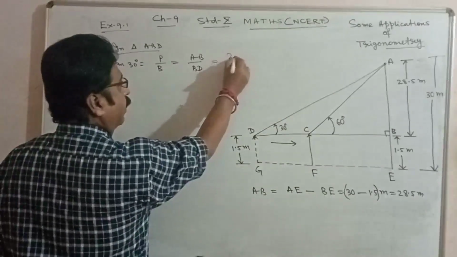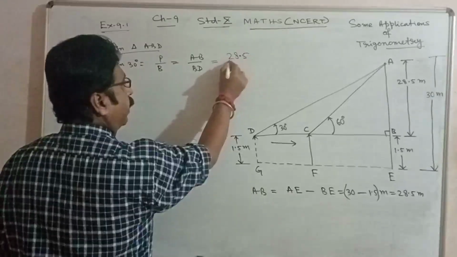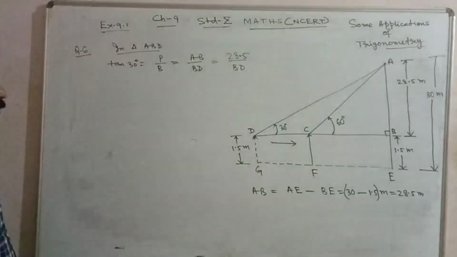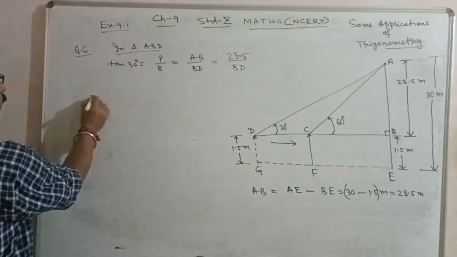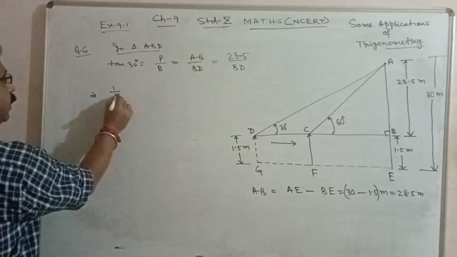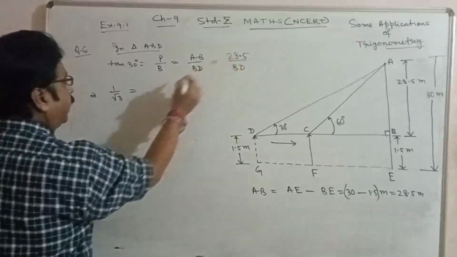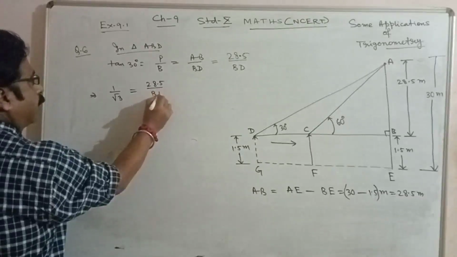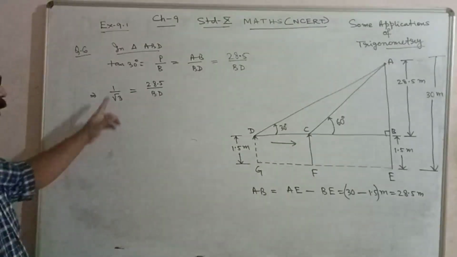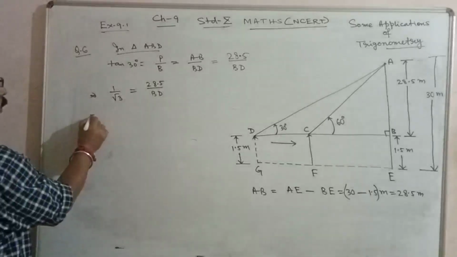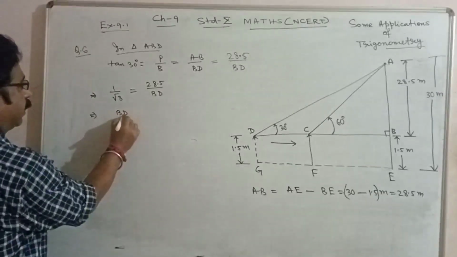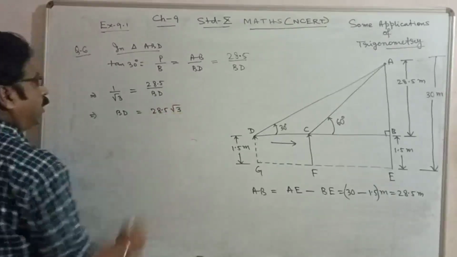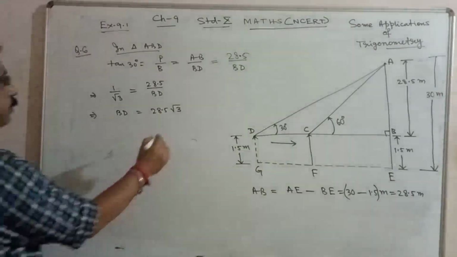AB means 28.5, BD is unknown yet. Tan 30 means 1 upon root 3 equals 28.5 upon BD. Cross multiplication, it will be BD equals 28.5 root 3 meter.